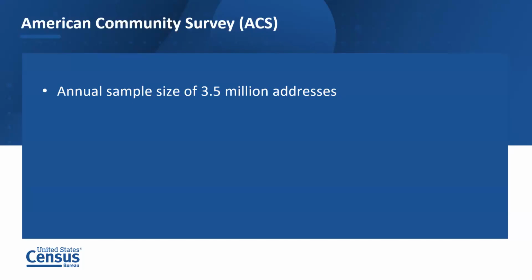We look at addresses, break them up into 4 quarters, and each quarter a certain sample of that population gets the American Community Survey. So overall, 3.5 million addresses every year get this survey. And what's great is it's refreshed data, so you can compare from year to year what's going on in a community.